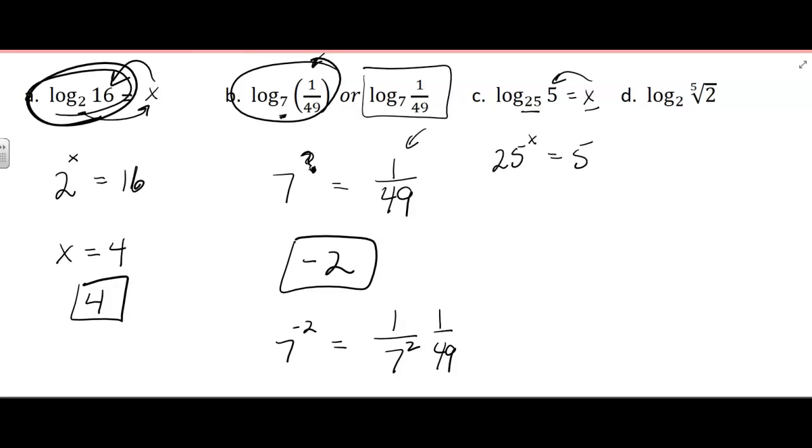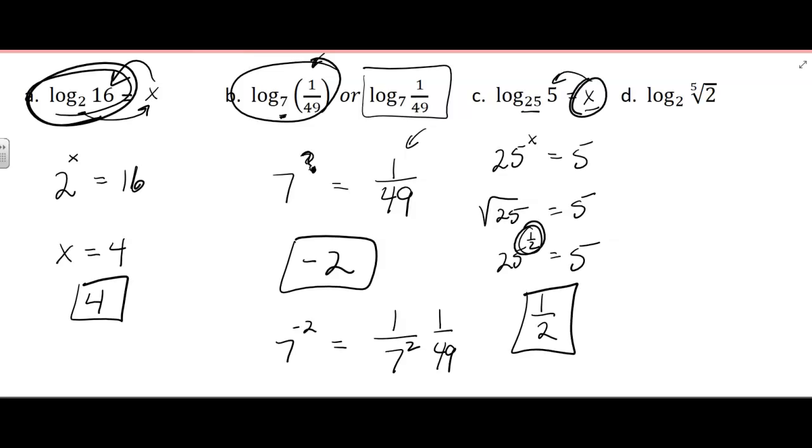So what we really want is to take the square root of 25 to equal 5. But we can write that as 25 to the 1/2 power. That's true. Okay, so what was the exponent? What was the x? What were we trying to get? We said it equals 1/2.